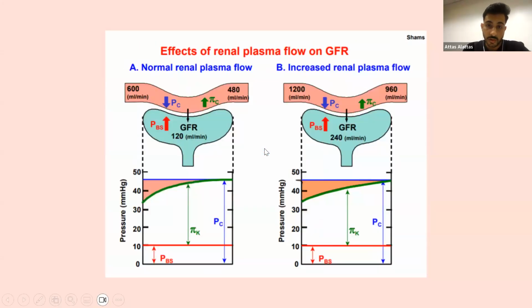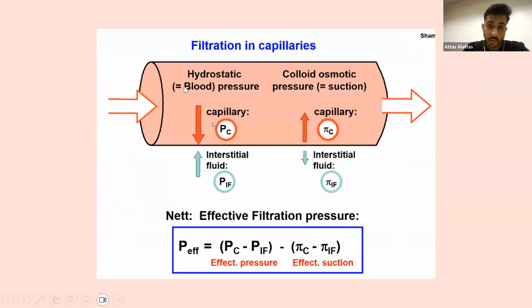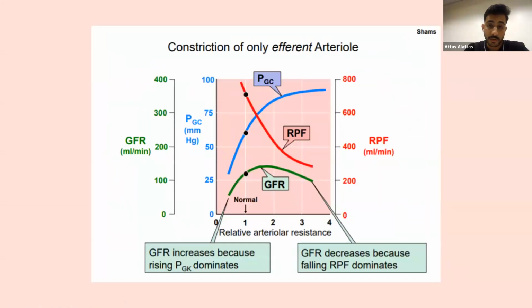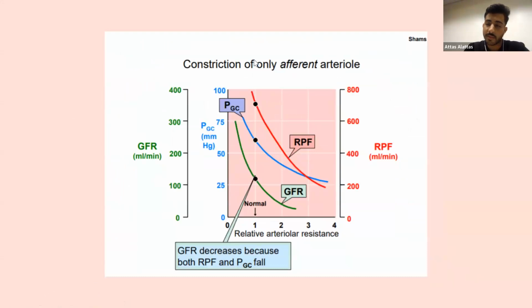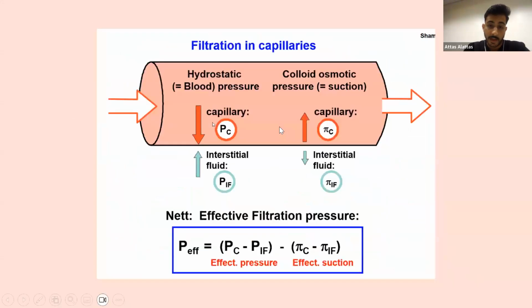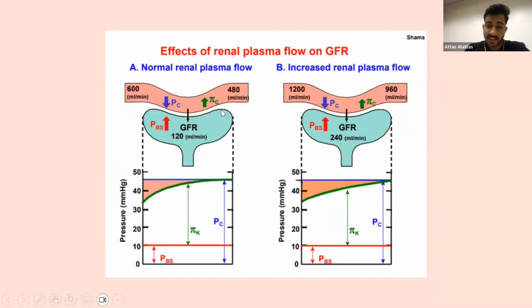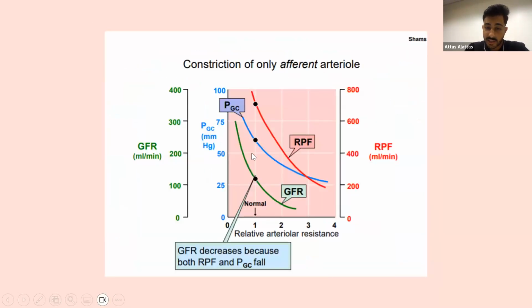If we increase this one, more fluid is being filtered, so GFR should increase. But in this case, the hydrostatic pressure is decreasing, right? So you're not filtering more. So GFR should decrease.